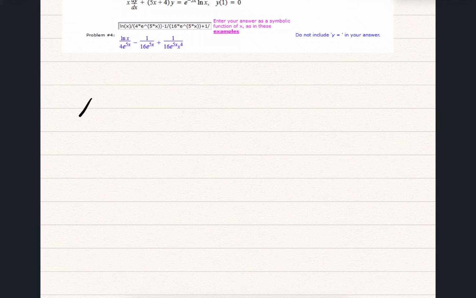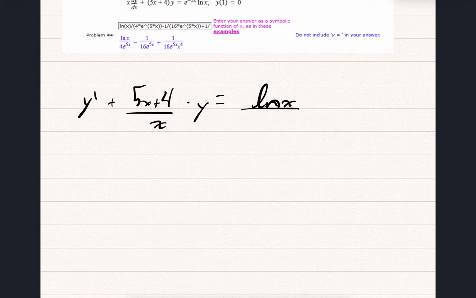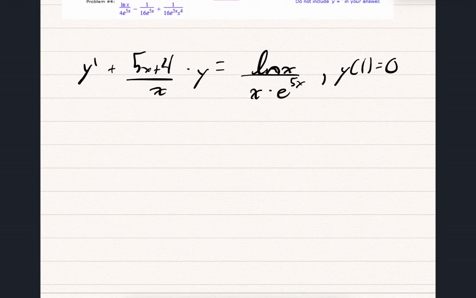I'm going to put it like this because it's less writing. Equals ln x. If you see a negative exponent, just bring it down. Deal with positive exponents. Don't make your life harder than you need to be, with more writing than necessary. This is what we're dealing with here after you divide that x out.